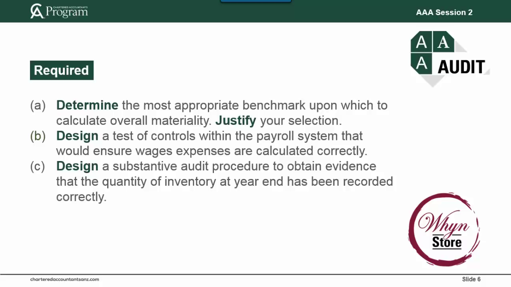And C. Design a substantive audit procedure to obtain evidence that the quantity of inventory at year-end has been recorded correctly. Pay special attention to the words highlighted, which are the task words. They tell you exactly what your answer needs to show. You can download the full list of the task words and their definitions from the exam section in My Learning.